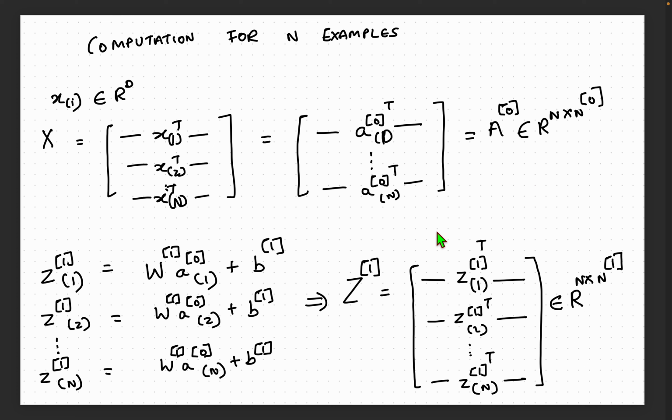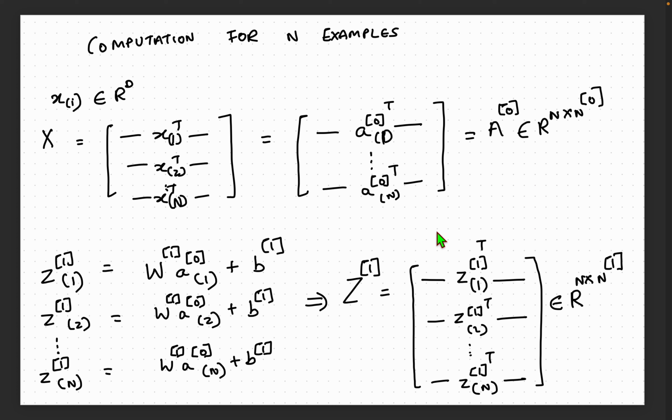Till this point, we have done the forward pass without applying activation on n examples. Now you can connect these shapes: we started with A0, which had shape n cross n superscript 0, and finally we got Z, which is n cross n superscript 1.